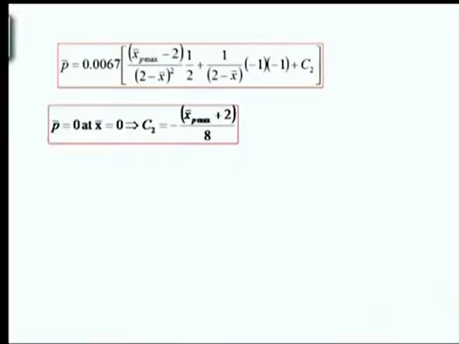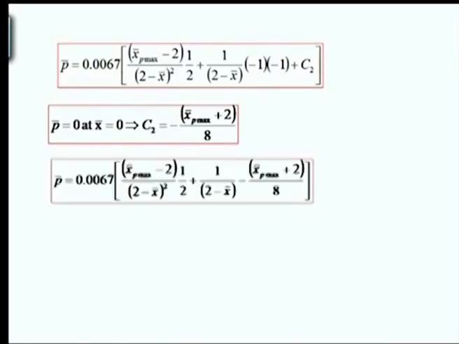We write the first condition: p bar is 0 at x bar 0. Substitute x bar as 0 and pressure as 0, and rearranging, the constant C2 will be negative, x p max, that is the location of maximum pressure, minus 1 divided by 2.